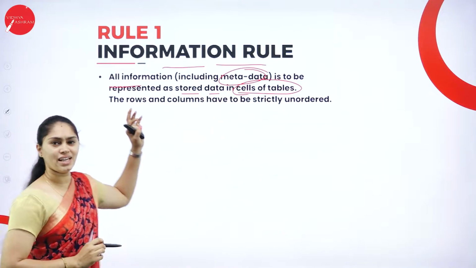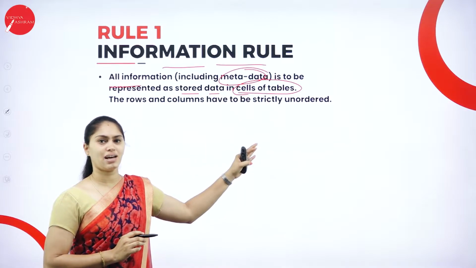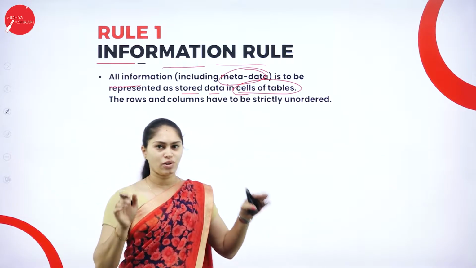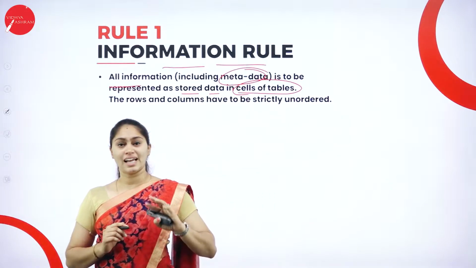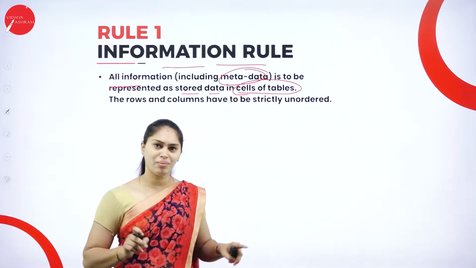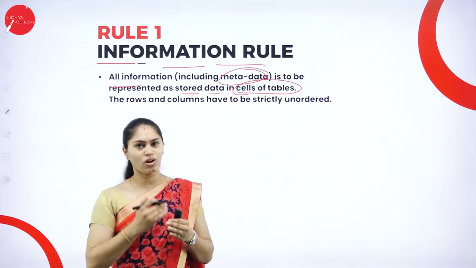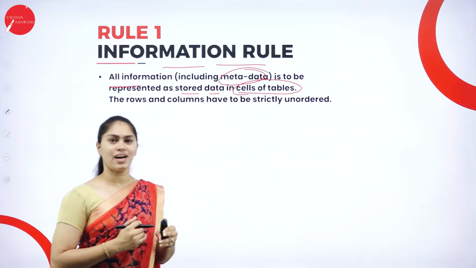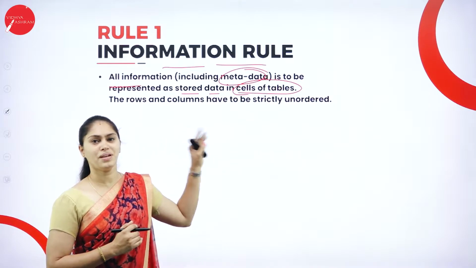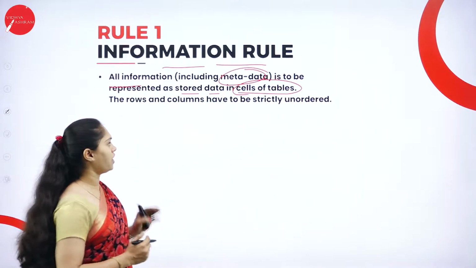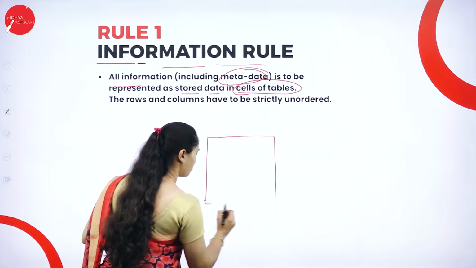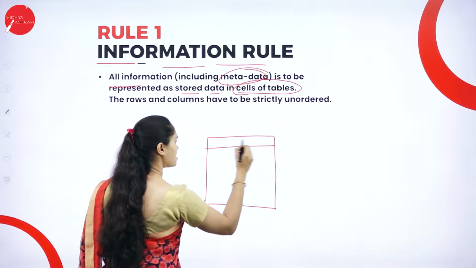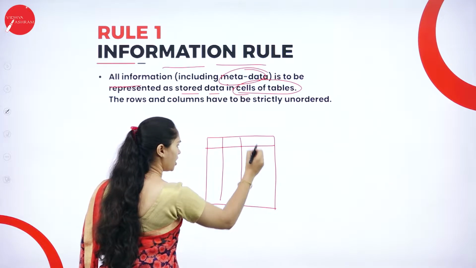That is all the information we have in the database. If I want to consider any system as an RDBMS, it has to follow the relational capability, so it has to be in the form of tables.